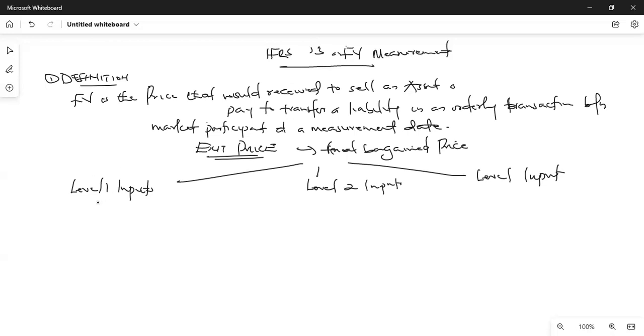What you are supposed to know in the level 1 input is the quoted prices in an active market for identical items. All right. So suppose you go to Ashama market, or Tema market, you see the woman selling tomatoes. They are rich. You see tomato here, tomato here, tomato here. The Burkina tomatoes nicely arranged.